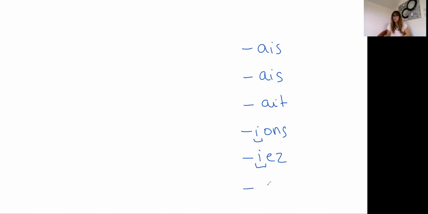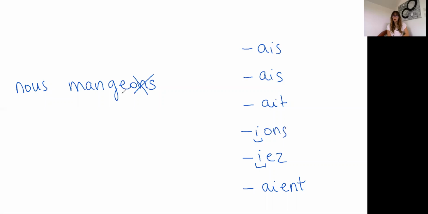That's okay. But for the endings that start with the A, AIS, AIS, AIT, AIENT, it's important you take the nous form of the present, so nous mangeons, because you're going to remove the O and S and you still have your E. And therefore, when you move it to the imperfect, you have I used to eat, je mangeais.